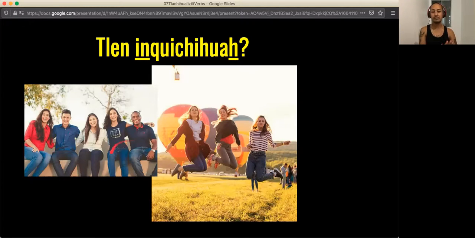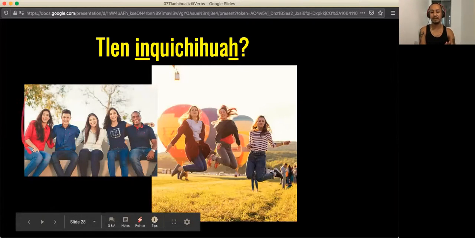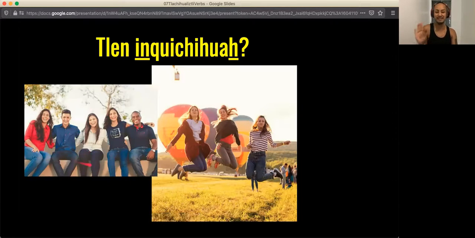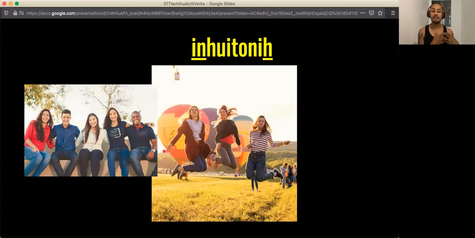Okay, so I'm talking to a group of people in front of me. These are our friends, the Imohuantin from back lectures ago, if you remember them. So if I were to ask them, tlen inkichiwa, then I would say that they are in huitoni.